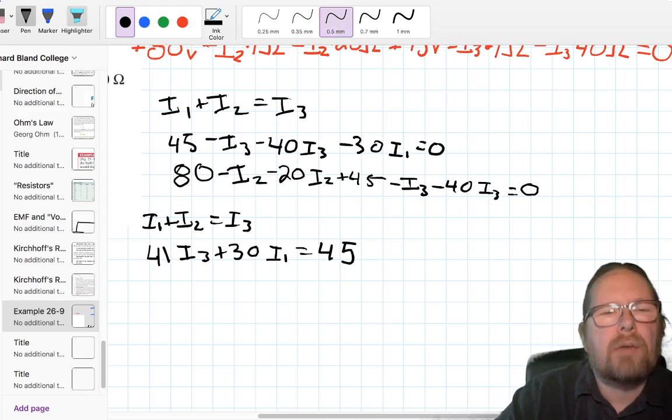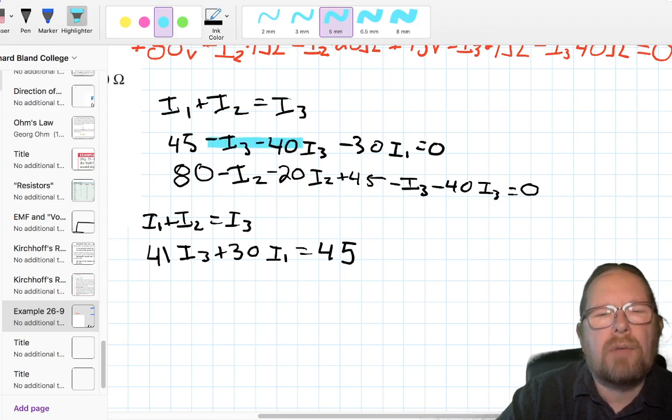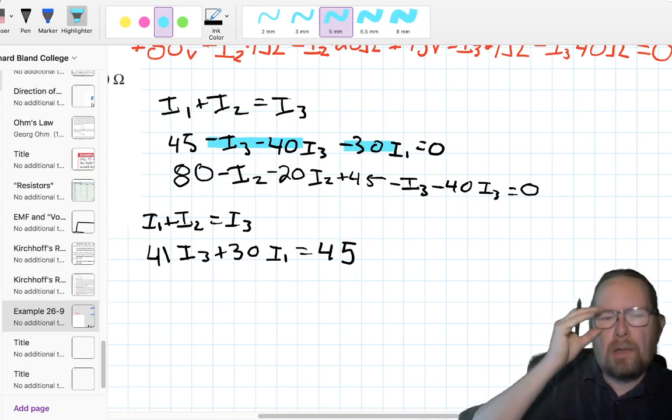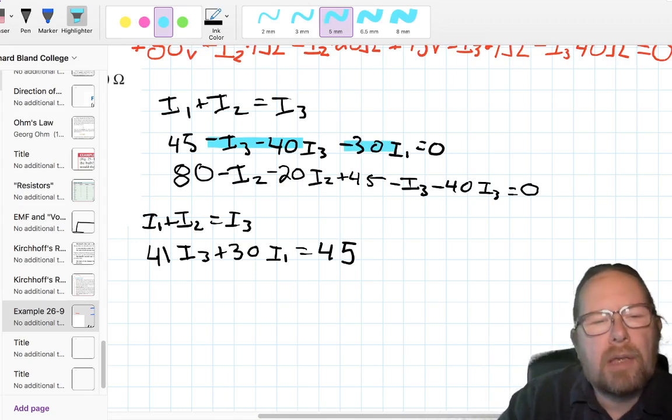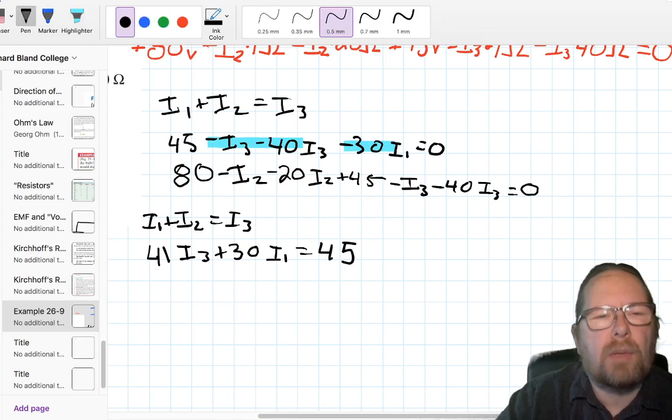If I did that right and didn't screw up a sign, you add these together, right? They're still going to have negative signs. You put them over there, and I just changed which side everything's on. I'm going to do the same thing with the next equation. Again, hoping I don't make a sign mistake. And sign mistakes are really easy to make in these problems, and that's one of the reasons I hate doing them.